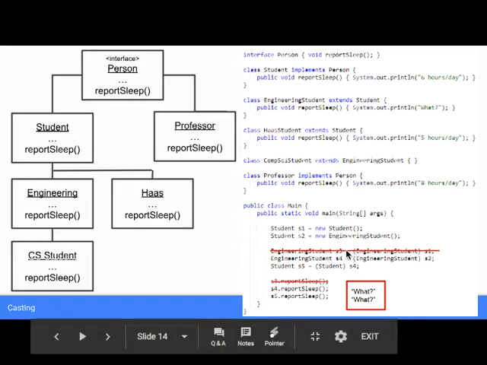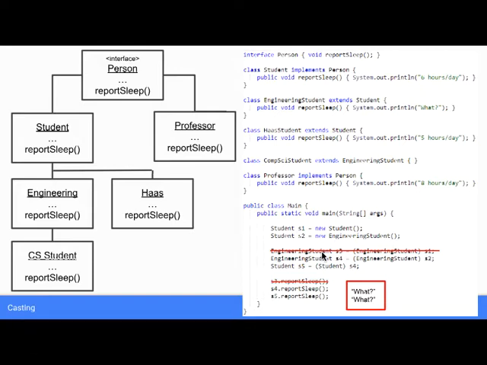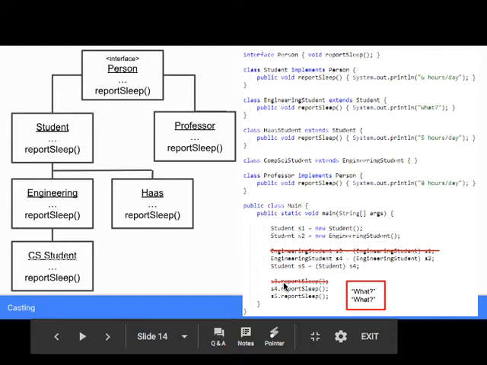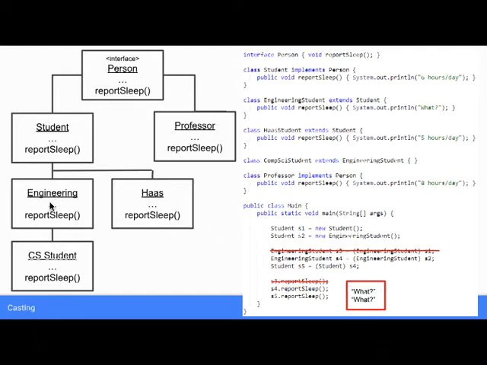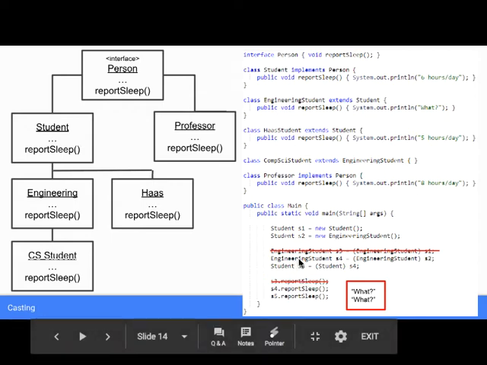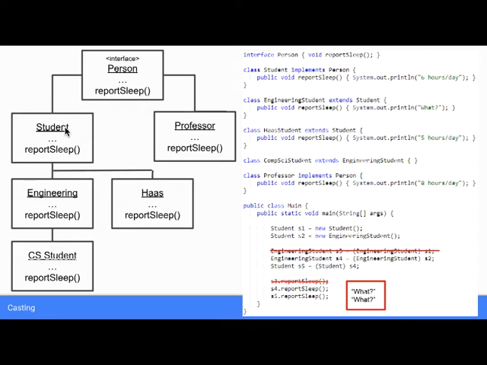But not all students are engineering students, so that is a bad cast, but it still does compile because casting allows us to get past this compile time error and jump straight to execution. But if we were to call a method in engineering student with S3 that does not exist in the student class, then and only then do we get a runtime exception.